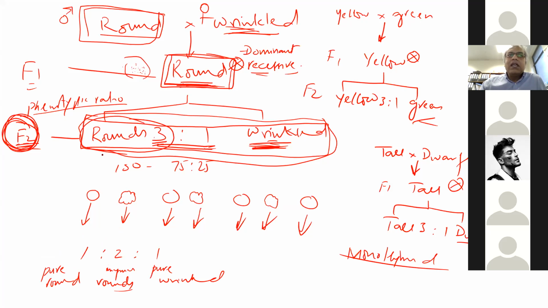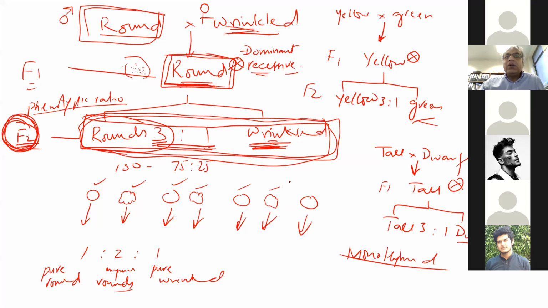I repeat, you took, let's say, 100 F2, you grew them individually, and you looked at their progeny. What he found was that this round will always produce round. No mix of wrinkle. Everything is round. This one produces 100% wrinkle. No mix of rounds.